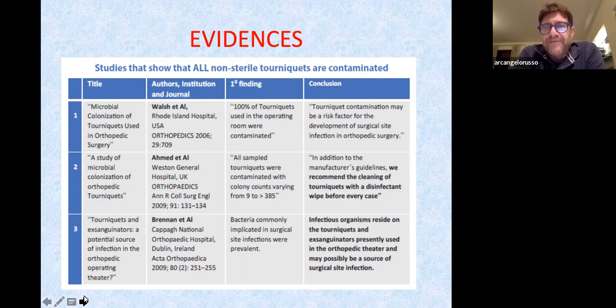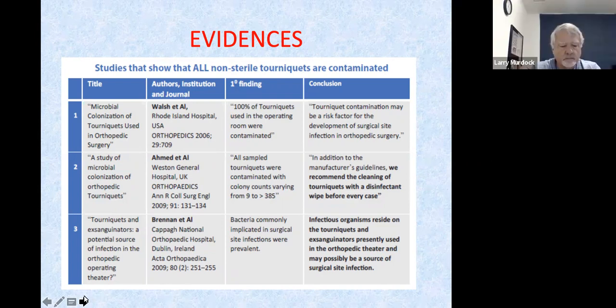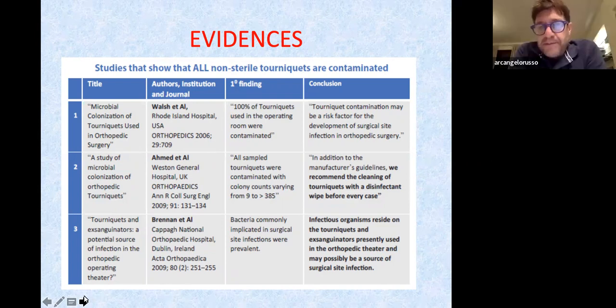It is recommended to clean the tourniquet before every procedure, but it is not always possible because the tourniquet is difficult to clean every time, because the OR is going on many times.